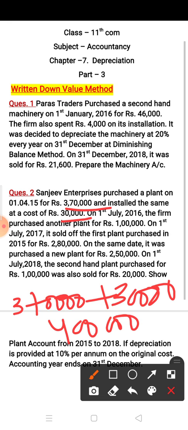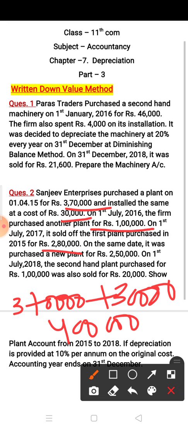Now on 1st July 2016, which is the next year, the firm purchased another plant for rupees 1 lakh. On 1st July 2017, it sold off the first plant purchased in 2015 for rupees 2,80,000.